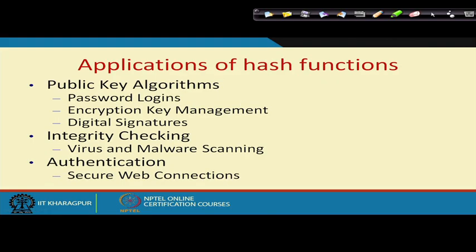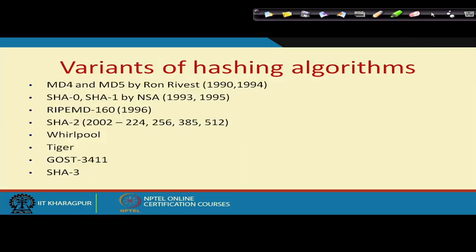Then there are various applications of hash functions, and in the next lecture possibly we are going to look at some of the applications in the area of public key algorithms, and later classes will look at how it is used for authentication during web transactions. Besides this, there are various hashing algorithms, just like symmetric key algorithms.